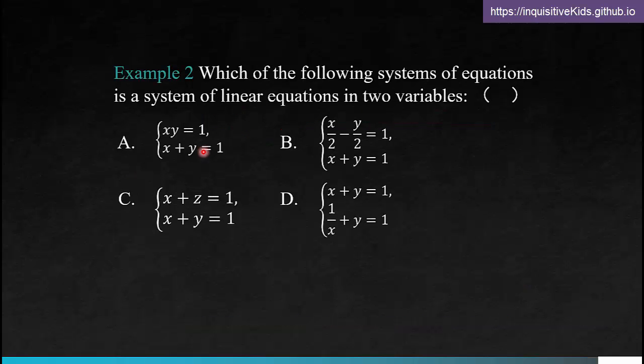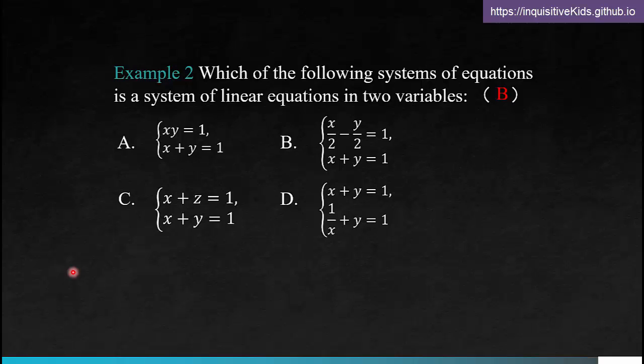Example 2. Which of the following systems of equations is a system of linear equations in two variables? So check. The answer is B. Why? Well, for A, xy: if you have x and y added together, that would be fine. But if you multiply them together, that's actually a different type of term.